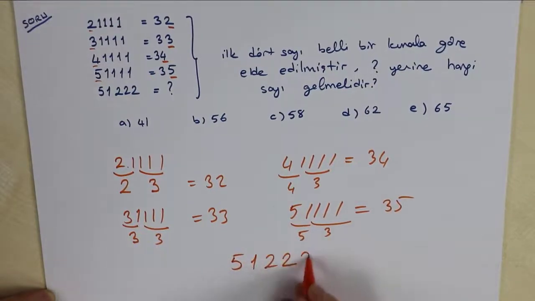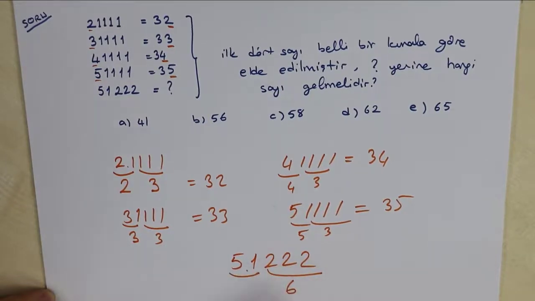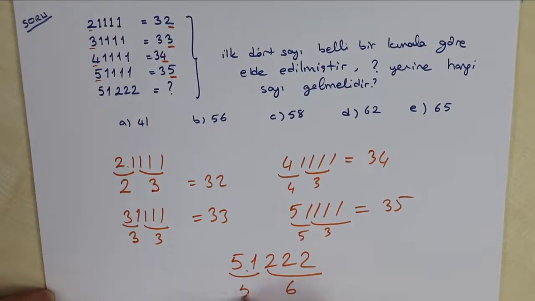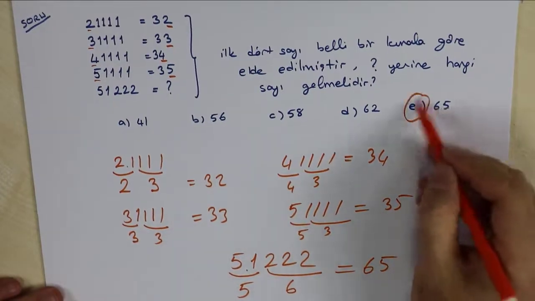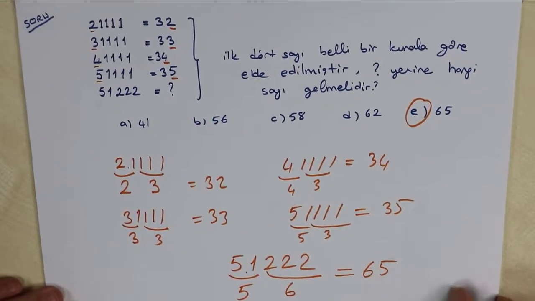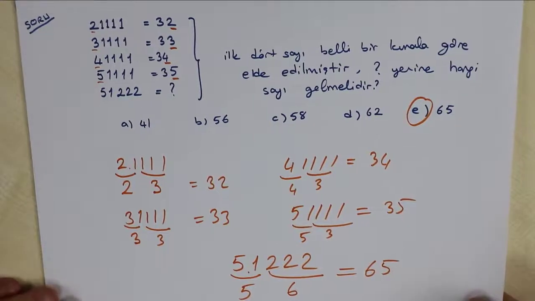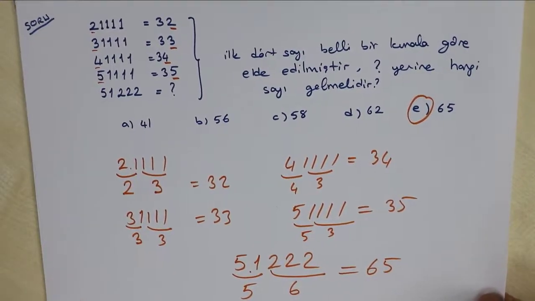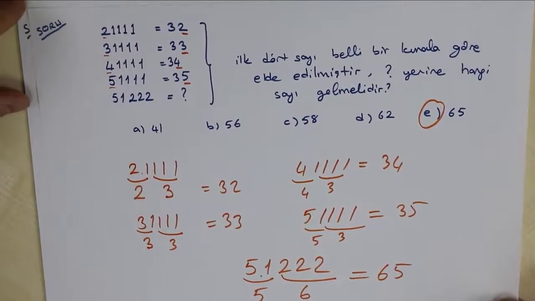So our number requested is 5, 1, 2, 2, 2. So 2, 2, 2, the summation or the addition will be 6, and 5 times 1, that is 5. So then the final answer will be 65, and that is the option E. So that means this is the rule. We need to pay attention and get the rule for solving such a question.